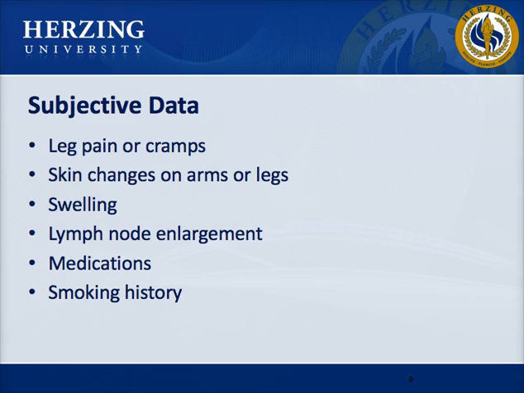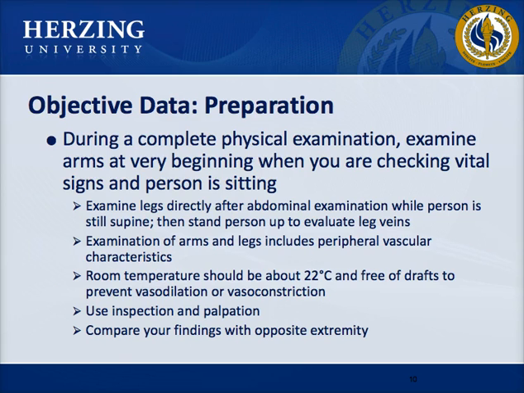Subjective assessments of the peripheral vascular system and lymphatic system include asking about leg pain or cramps, skin changes on arms or legs, swelling or lymph node enlargement, medications, and smoking history. For objective assessments, you would first assess the arms, noting the skin color, temperature, texture, and turgor.